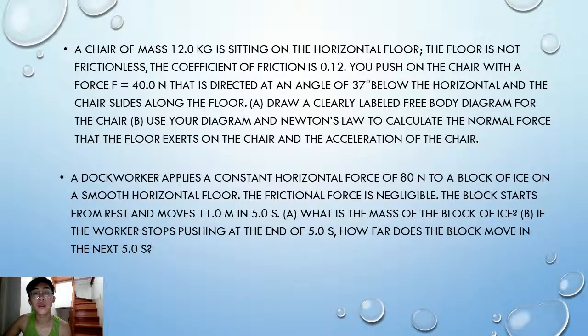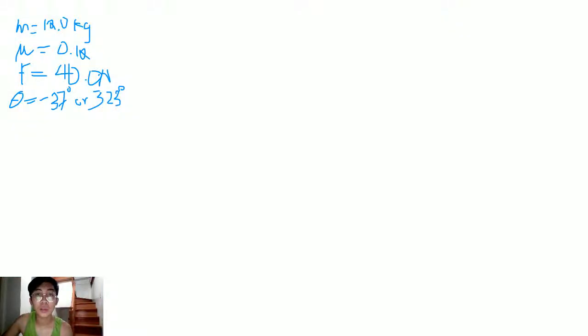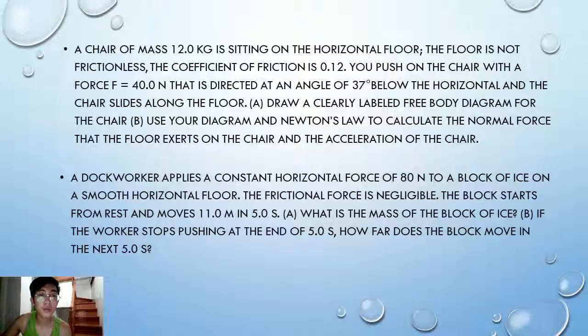So, anong unang tanong ay draw a clearly labeled free body diagram. So, okay. So, magdodrawing tayo ng free body diagram. So, sabi, meron daw 12 kilograms na sitting on a horizontal floor.